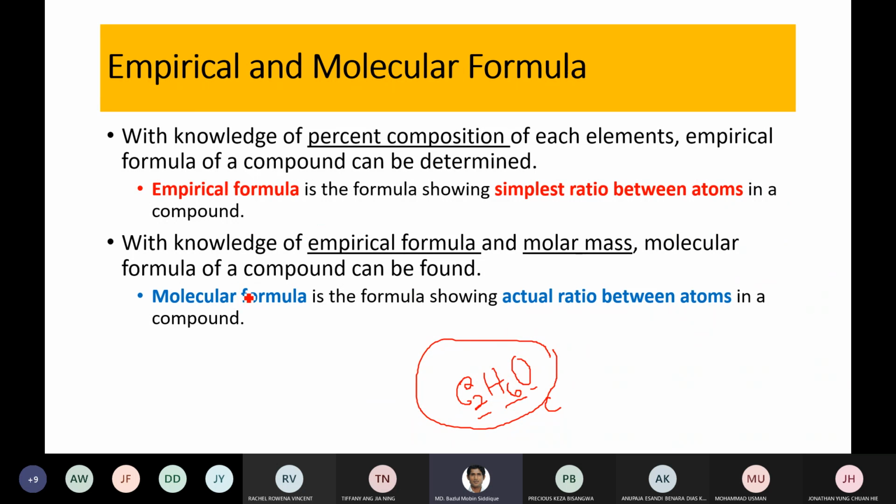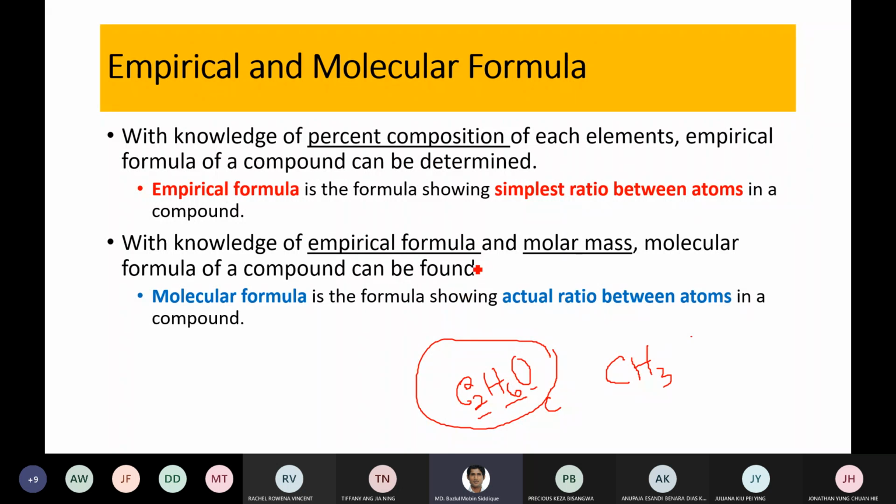But the molecular formula is very detailed, so that we know this is the molecule, like this is methanol, or it's ethanol, or it's an alcohol, or it's sulfuric acid. Exactly, we know what is the identity of that chemical or that molecule.